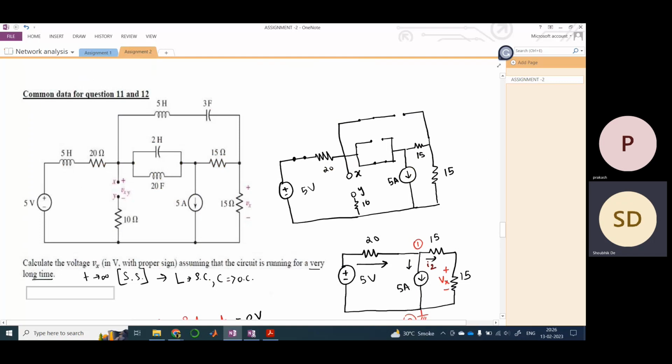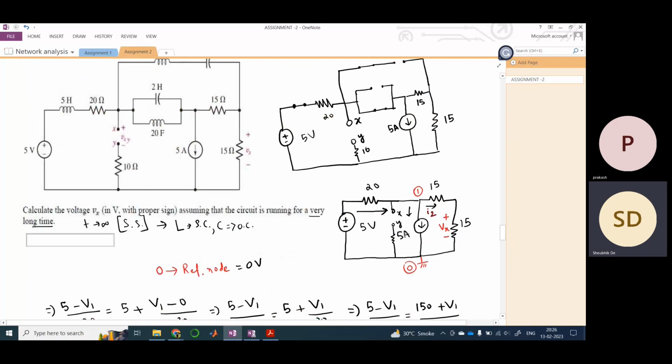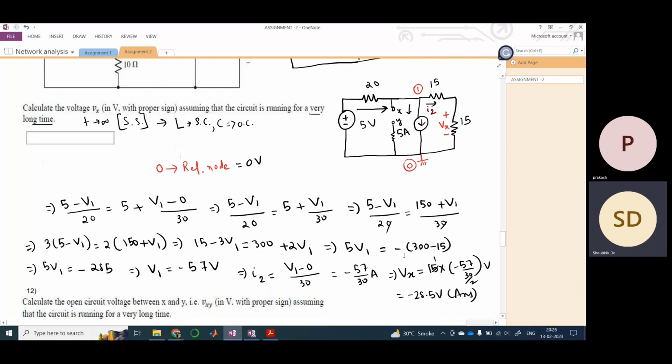If I draw it here also, it would be something like this. This would be xy. Now if we closely look at this, this node is the same as node 1, and since this is ground, y would be equal to 0.